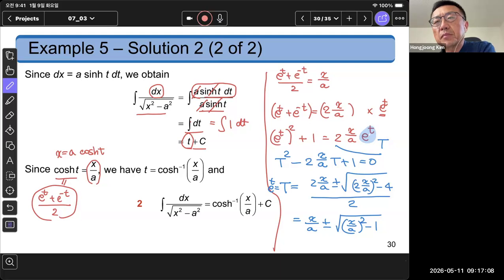Right? And e to the t, yeah, e to the t is positive.